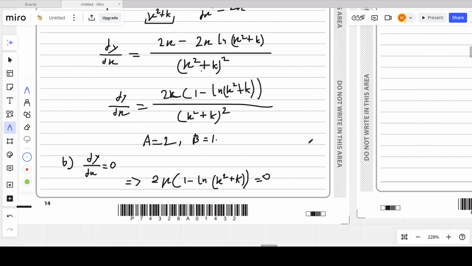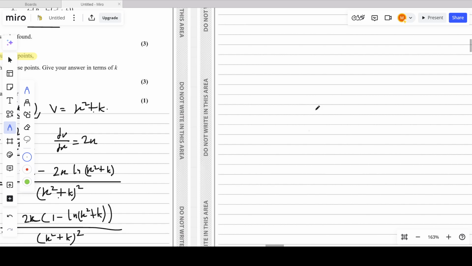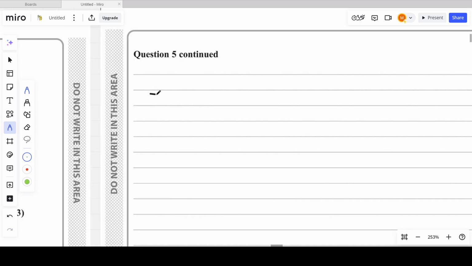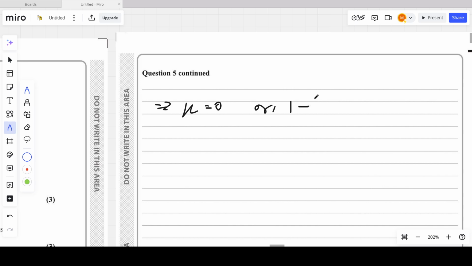That means you will get either x equals to 0 or 1 minus ln(x squared plus k) equals to 0.